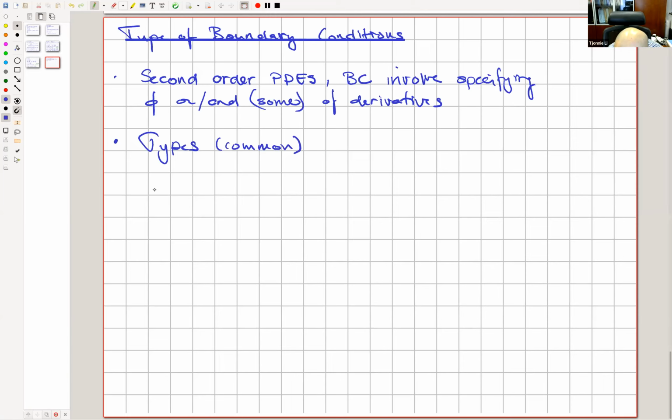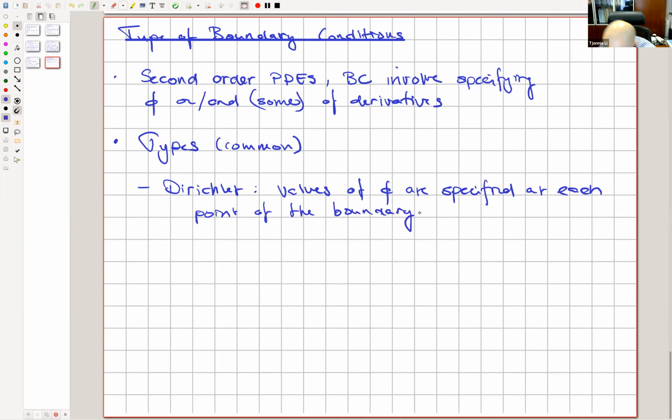So we've got the Dirichlet conditions, which basically say that the values of phi are specified at each point of the boundary.